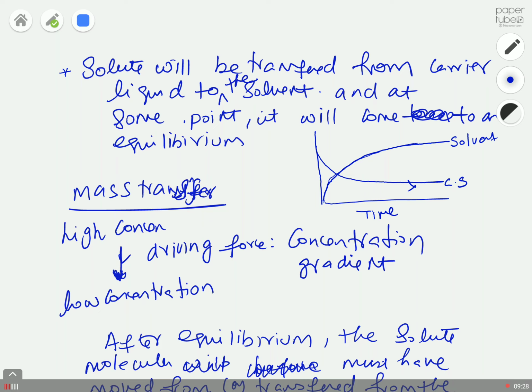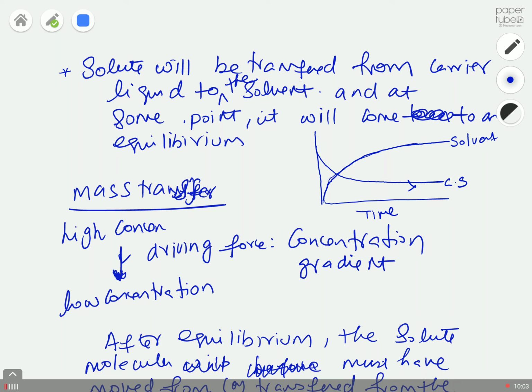You have a lot of solute in your feed mixture and there is nothing in your solvent, and your solvent can take your solute because both are miscible. Due to the concentration gradient, your solute will move from this high concentration phase to the low concentration phase, which is your solvent. So it's purely a physical process, and that's happening due to mass transfer effect. Mass transfer is happening because you have a concentration gradient inside the reactor.